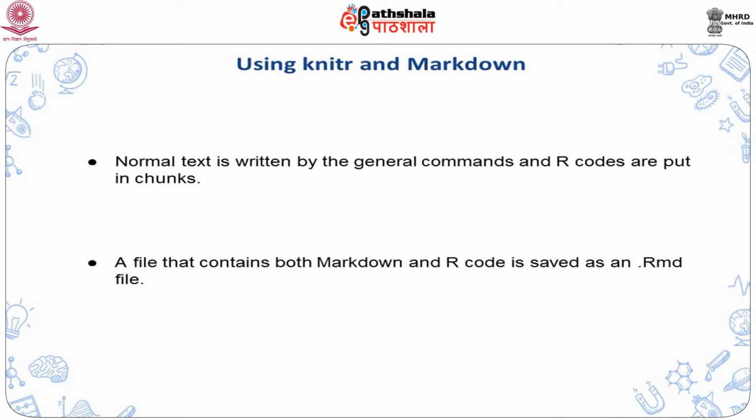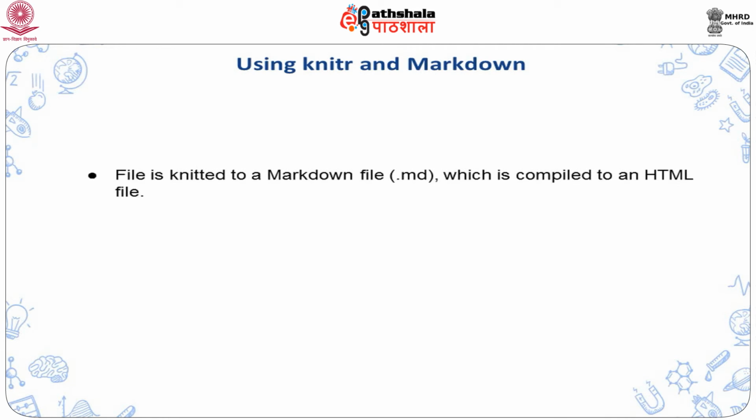A file that contains both Markdown and R code is saved as an Rmd file. Then the file is knitted to a Markdown file, that is .md, which is compiled to an HTML file, because as you know, Markdown is meant for compiling HTML files only, unlike the previous one.